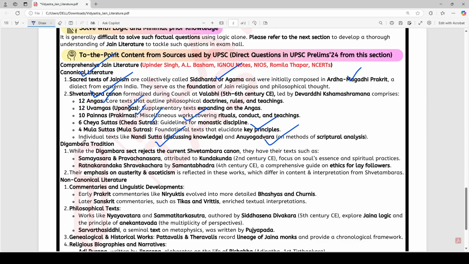Now when we come to the Digambara tradition, there is one very important scholar, his name is Kunda Kunda, and he wrote Samay Sar and Pravachan Sar. What does this mean? Sar means essence. Samaya means soul. The essence of the soul is known as Samay Sar. Then the essence of the doctrines, Pravachan, teachings. Pravachan means teaching. Like I am giving you some teaching, I am teaching you.